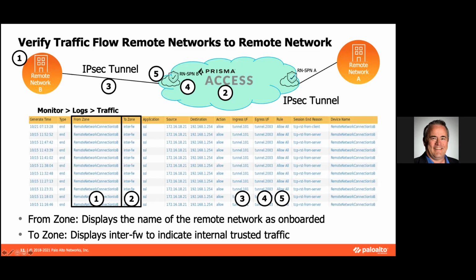What we did do is we had a couple of columns here just to illustrate, instead of seeing an ingress interface and an egress interface, like Ethernet 1/1 and 1/2, you see tunnel interfaces. And these tunnels are going to be the tunnels that you have created, or they could be tunnels that Prisma Access creates between different nodes or different pieces of Prisma Access that are automatically created.